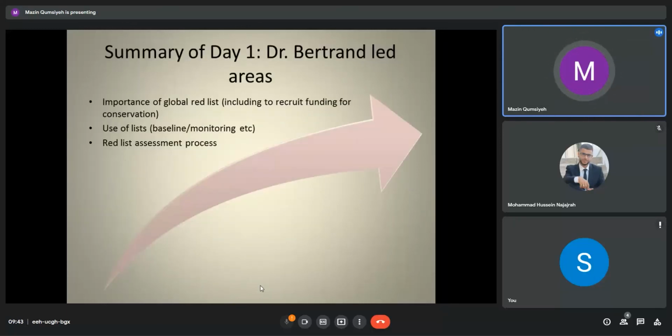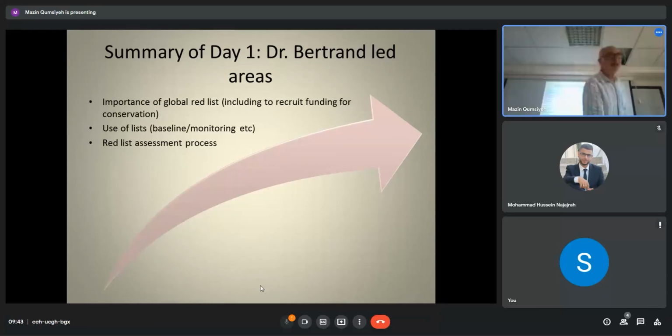Just a recap of what we addressed yesterday. Also for those who were not able to be here yesterday, we presented the methodology, the IUCN Global Red List methodology, which is very specific to IUCN, and it is a scientific based process, and it's a very long and difficult process.